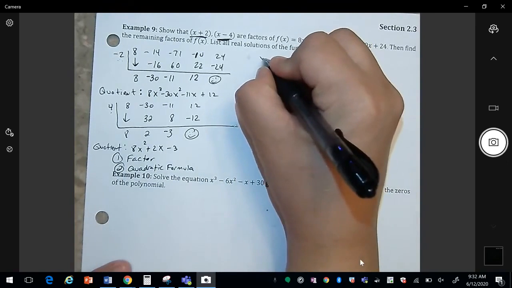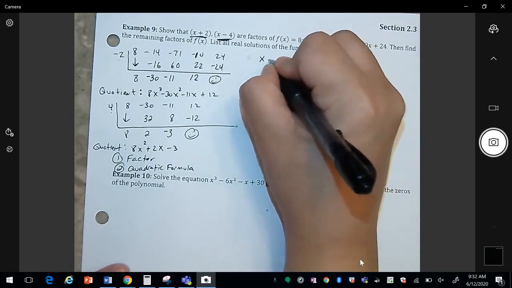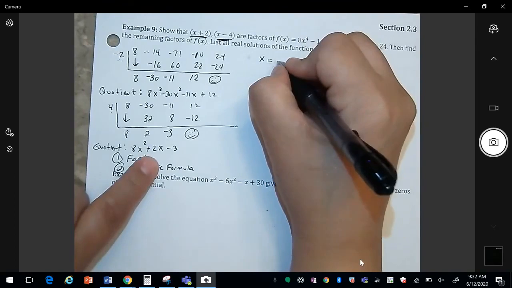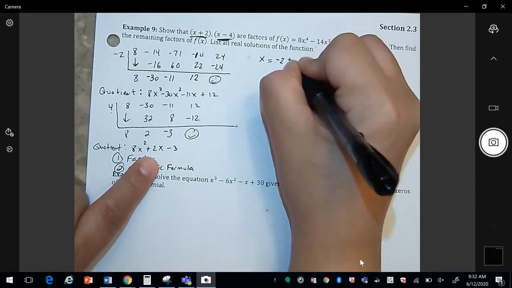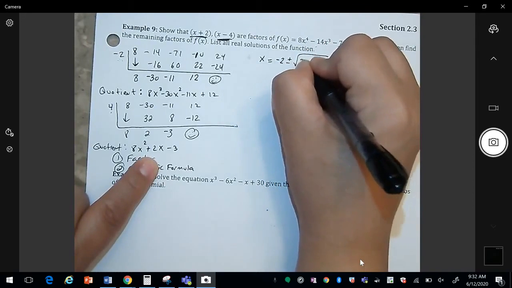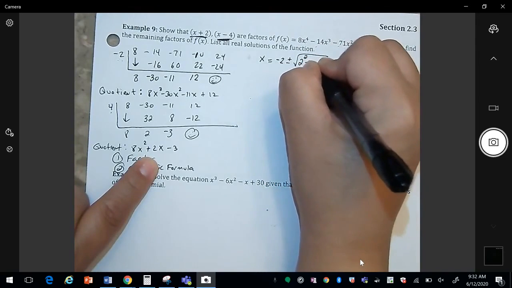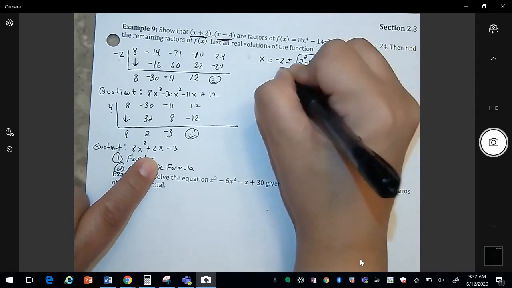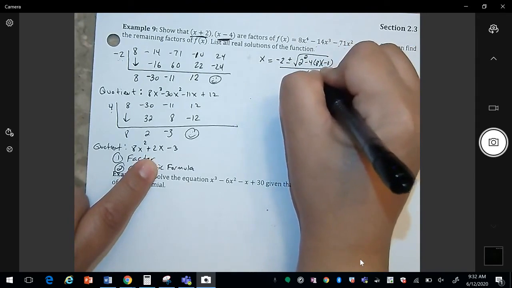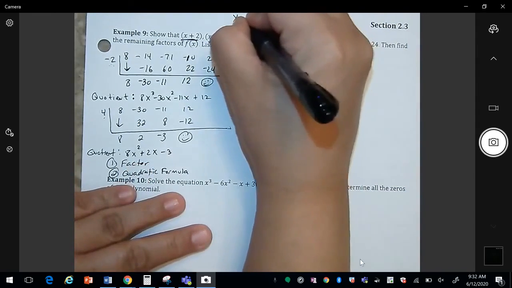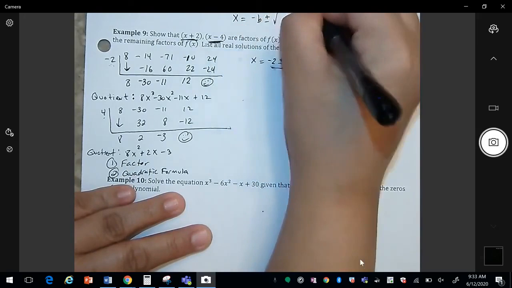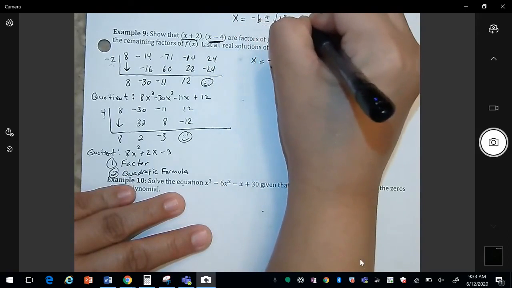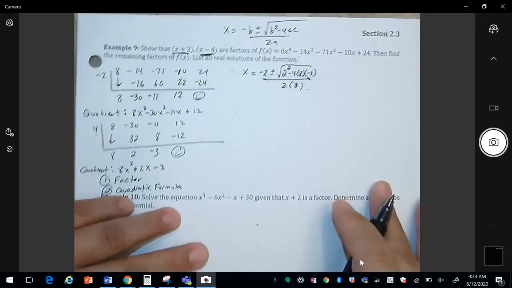So I'm going to write it up here. So x is equal to negative b, which is going to be negative 2, plus or minus the square root of b squared, which is 2 squared, minus 4 times a times c, divided by 2 times a. So we recall the quadratic formula is negative b plus or minus the square root of b squared minus 4ac, divided by 2a.